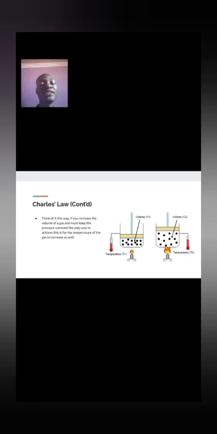This leads us to the second law of gases, which is Boyle's law. In 1662, Robert Boyle discovered the relationship between pressure and volume, assuming constant temperature and amount of gas.